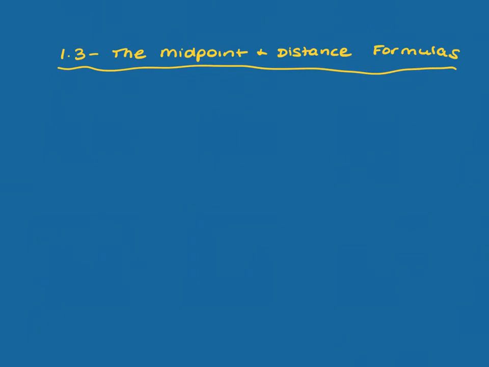1.3 is the midpoint and distance formulas. So we talked about, again, definitions. What is a midpoint? Which is the point halfway between two endpoints.